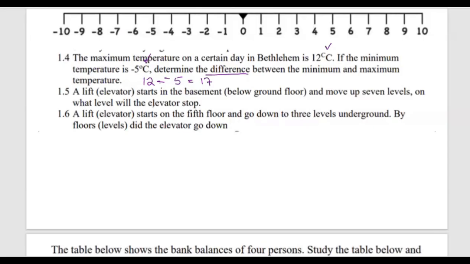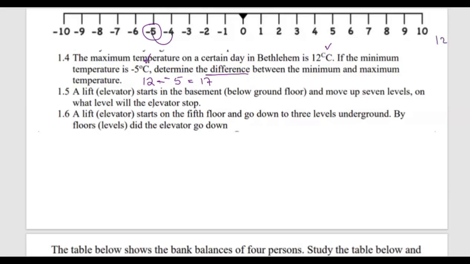And we can also use the number line. The minimum was negative, then the maximum was 12, somewhere there.